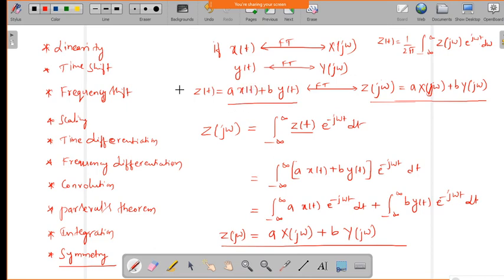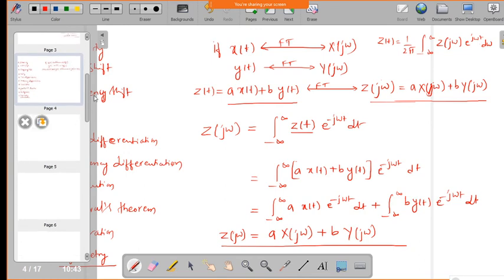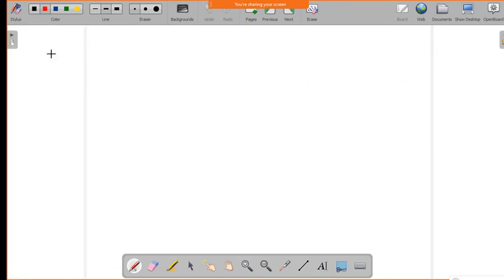So now coming to the time shift property. So now if you have x of t, which has the Fourier transform pair x of j omega.